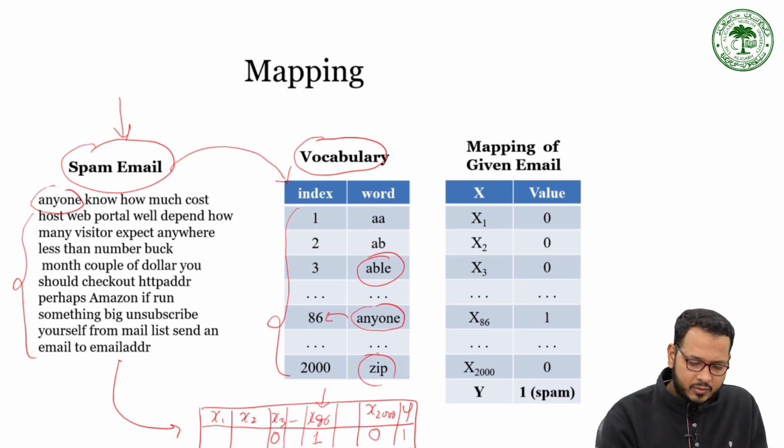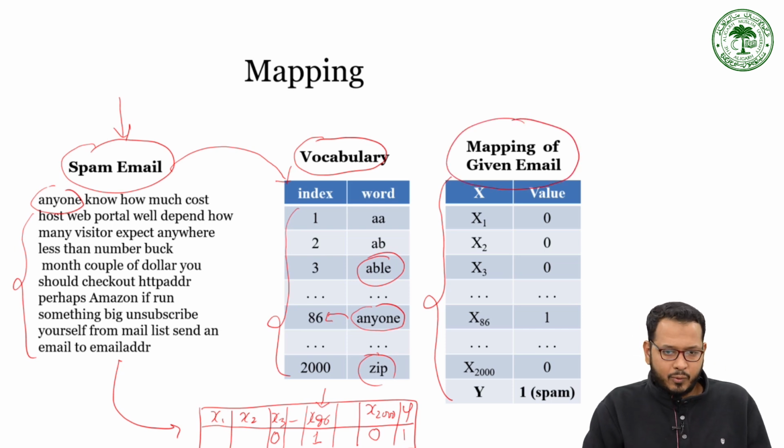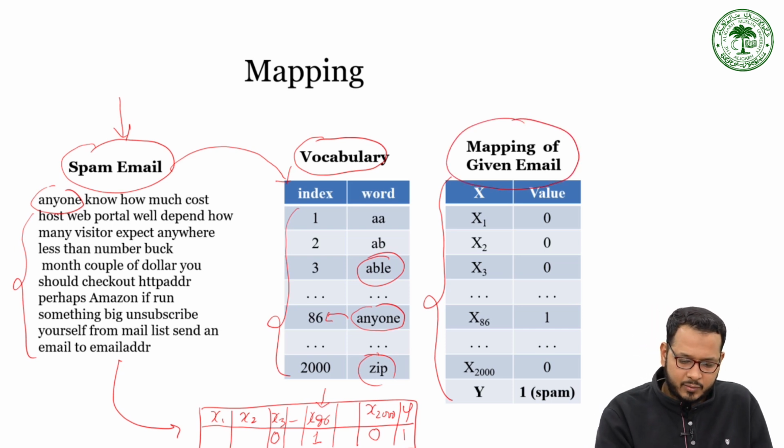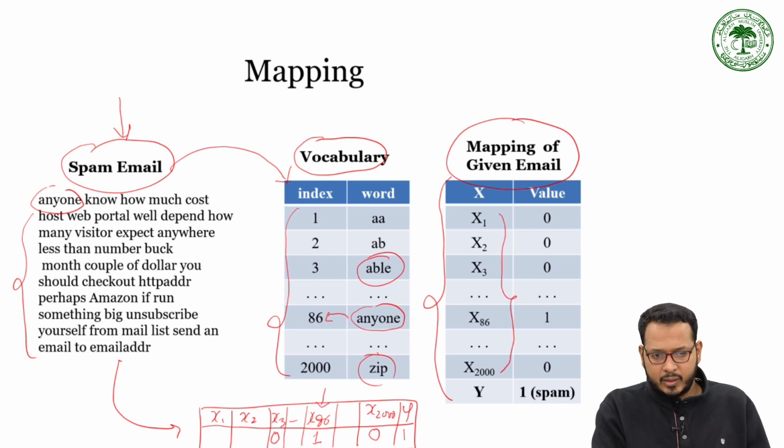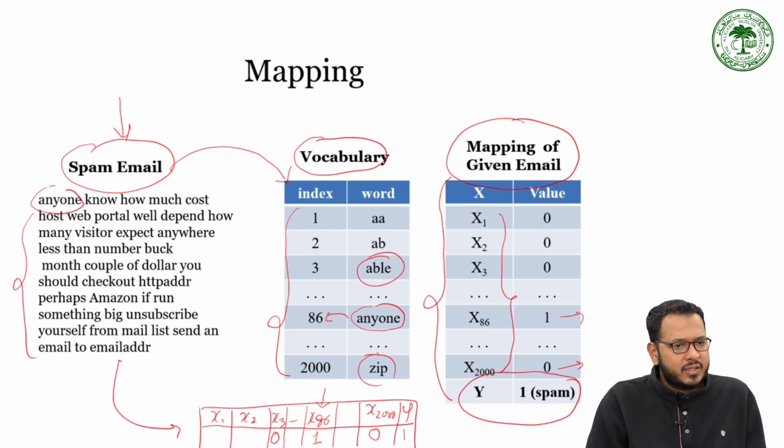The same has been shown here, which is the mapping of the given email with the vocabulary. Mind you, there are 2000 independent variables here. Each will have either the value 1 or the value 0, representing whether the word is there or not. And finally, we have the corresponding class, which is y, 1 representing spam, 0 representing not spam.